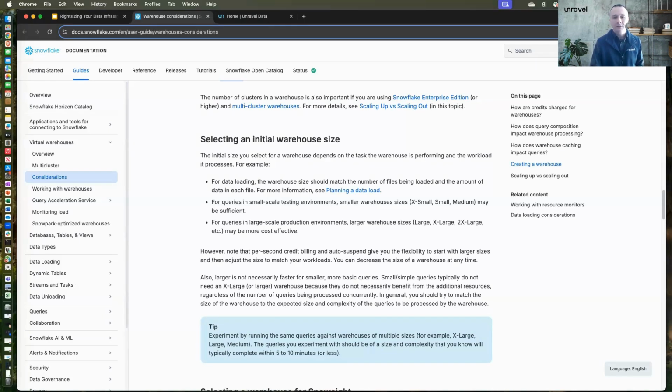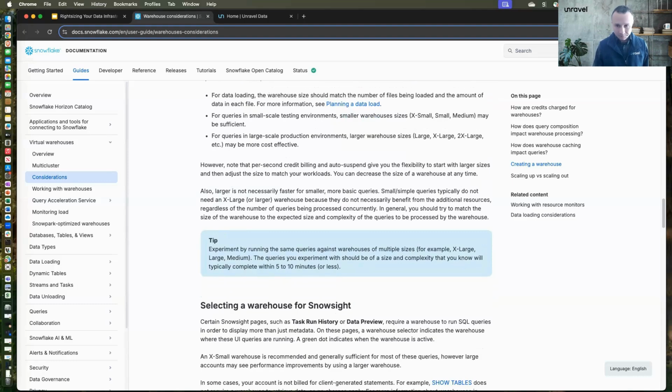But that choice has a lot to do with your task or your warehouse, and what it is running. How much data is it loading? What is your query actually doing? A lot of the times we don't know exactly what that's going to end up looking like. So here in this blue tip box down here, Snowflake recommends that we experiment by running the query in different size warehouses to evaluate.